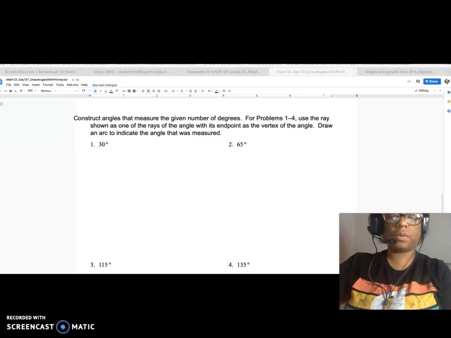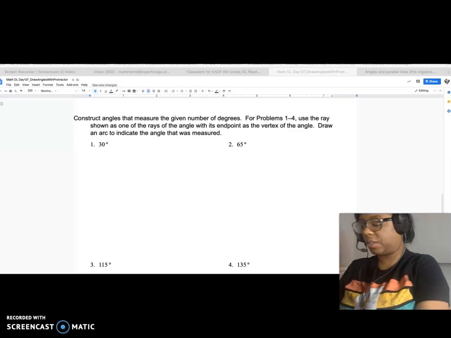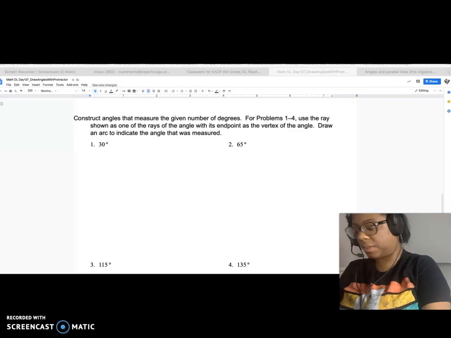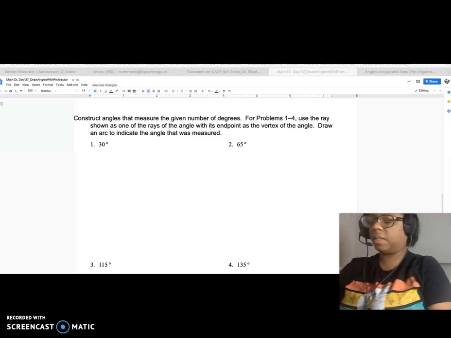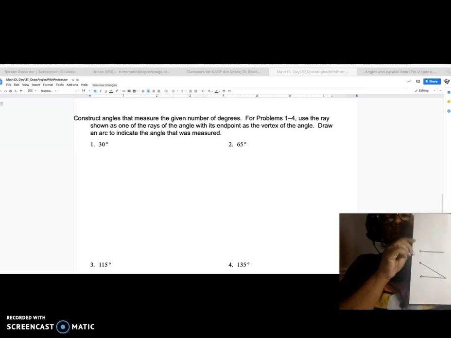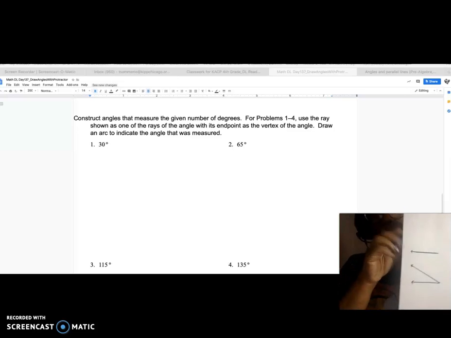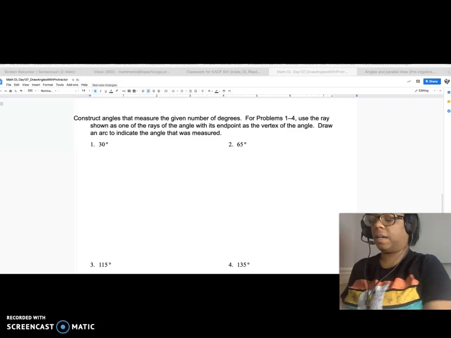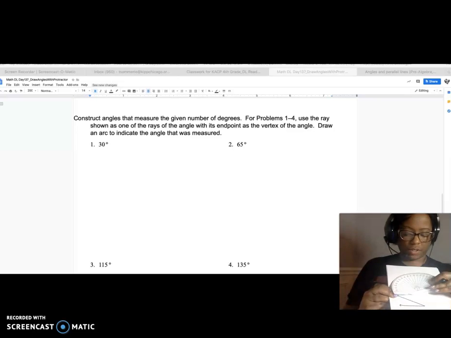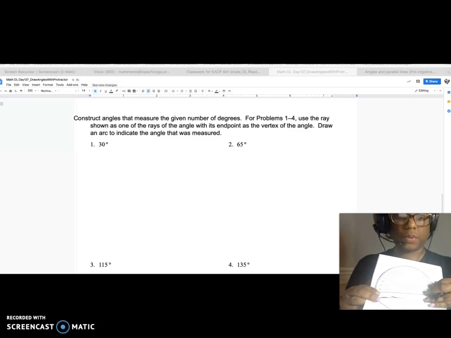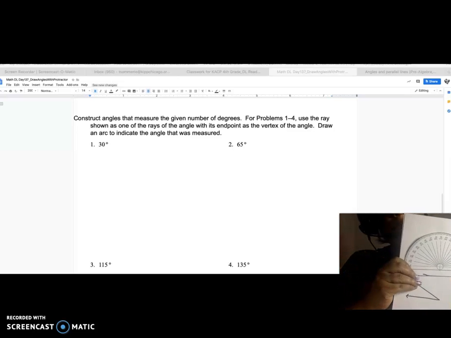They're asking us to create a 65-degree angle, so I'm going to make sure that I start out with my regular ray. Just going to make a line going straight across with arrows on the end. And I'm going to start from right there. I take out my protractor, I make sure that I put it at the base, and then I'm going to count out my protractor to 60. You guys see that?